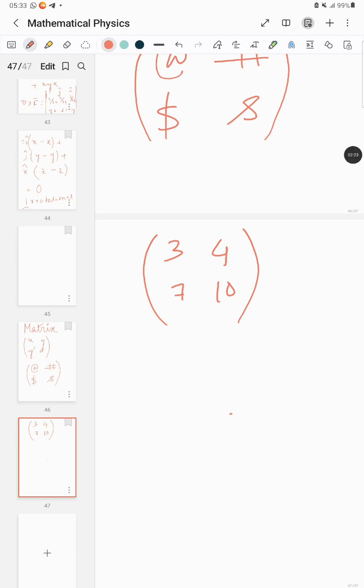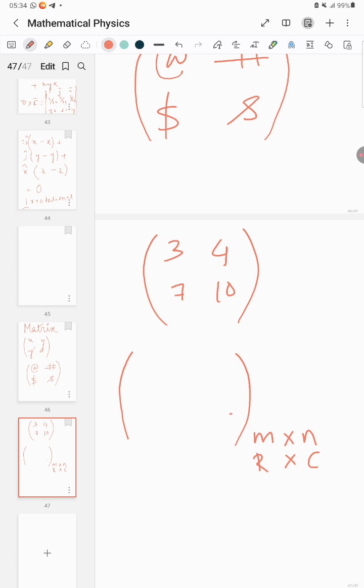Now, there is a particular way to represent a matrix. We first write the number of rows and then put a cross and then write the number of columns. So, for example, if a matrix consists of m rows and n columns, we write it m cross n. So, number of rows cross number of columns.